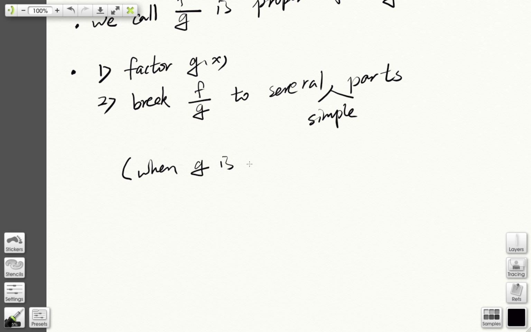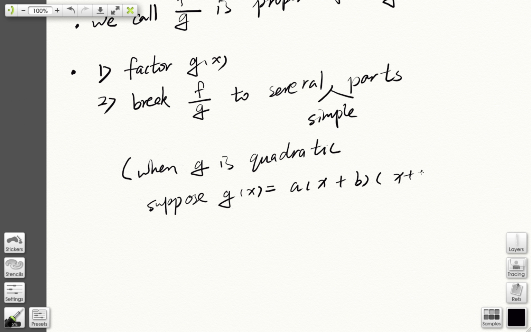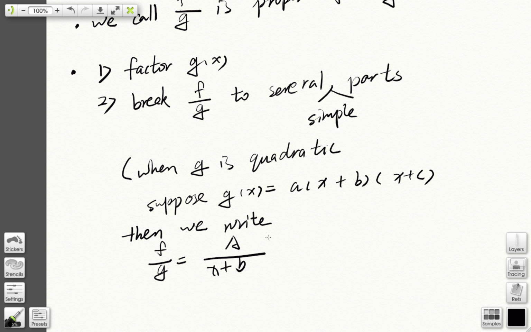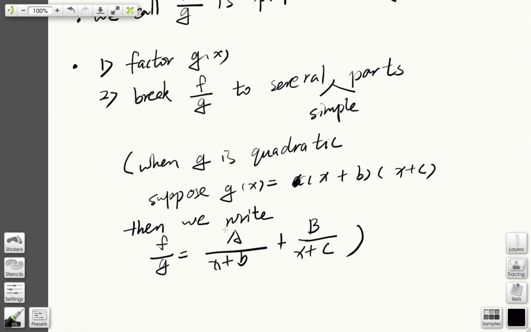So when g is quadratic, suppose g of x equals x plus a times x plus b, then we write f over g equals a constant A over x plus a plus a constant B over x plus b, and we simplify this expression by finding the common denominator, and then we compute A and B. That's a way how to break it.